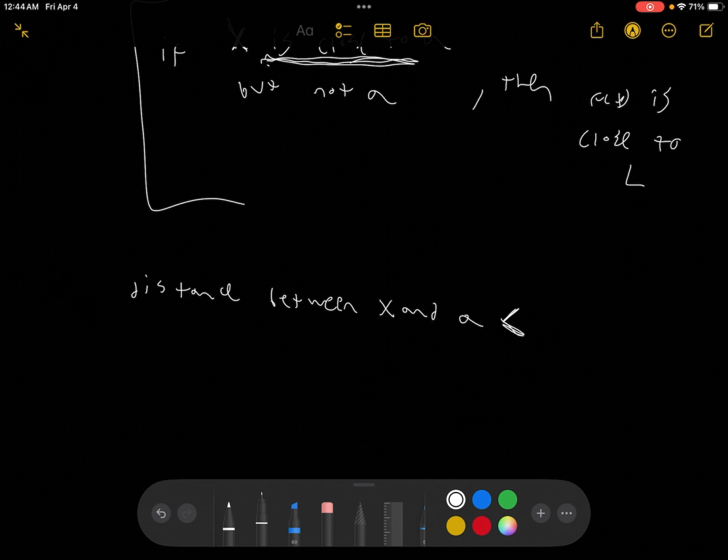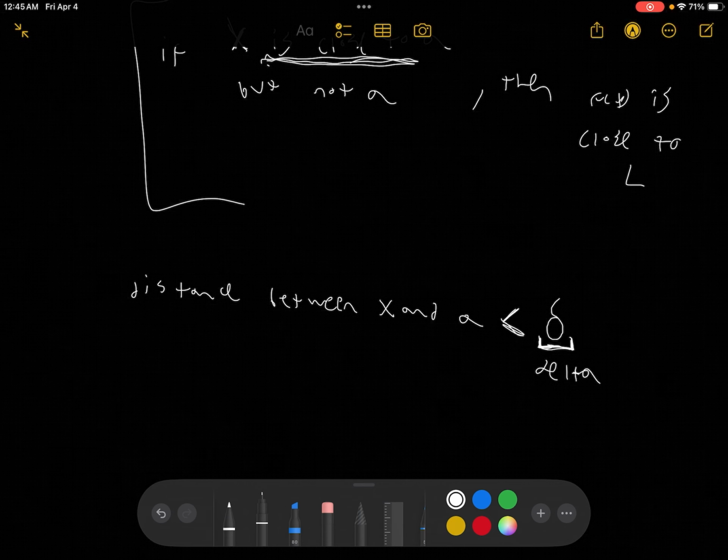We can say that it's less than some small number. And the number we're going to choose here is going to be a variable, and we're going to call this variable delta.